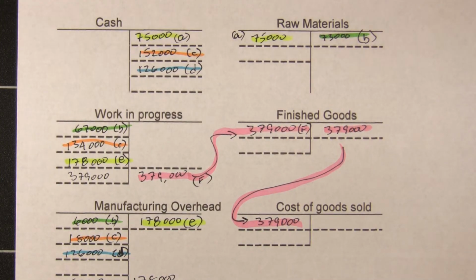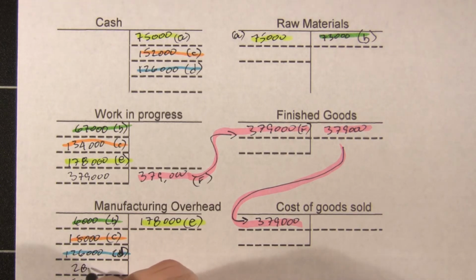In other words, what we did is we said we had more costs than we did. We over applied the overhead. We applied $178,000 of cost. We only had 150. So we need to close that. We need to make that go to zero.